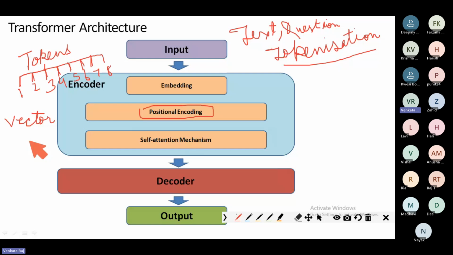Based on those vector positions, the parallel processing will happen, and the mathematical model will analyze and interpret and find out which tokens need to be given more priority, which tokens need to be given less priority. So this is known as our self-attention mechanism.